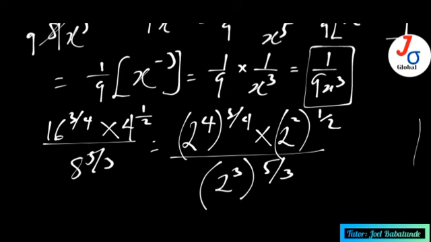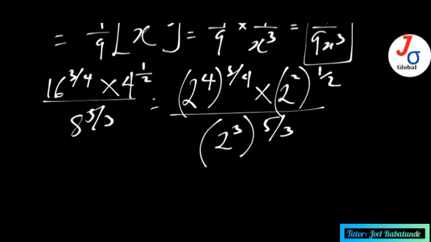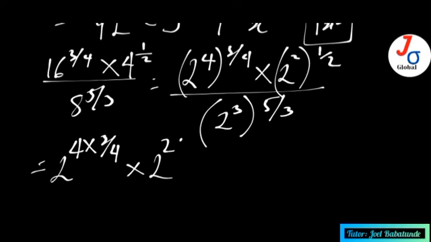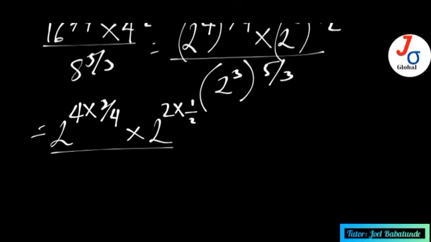Okay, and then I have 2 raised to the power of 4 multiplied by 3 over 4, then multiplied by 2 raised to the power of 2 multiplied by 1 over 2, then divided by 2 raised to the power of 3 multiplied by 5 over 3.